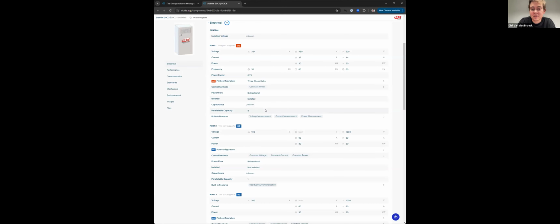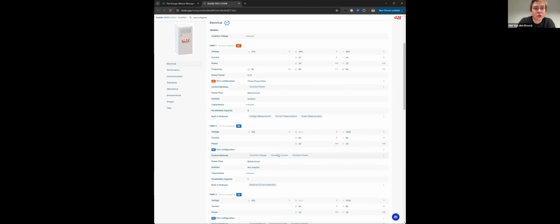How much capacitance will I have on my DC bus is a design parameter I should know, so I've got to add up all the power conversion units that are attached to my system. And then the built-in features: does it have certain protection features? In this case, port 2, for instance, features residual current detection built into this unit.